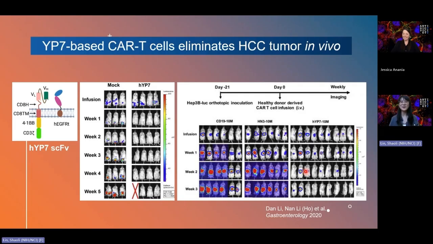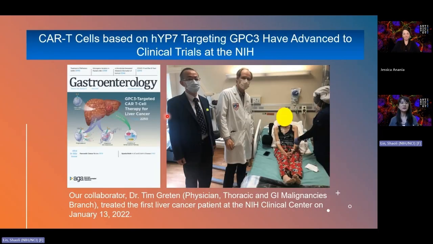So based on this result, we published this finding in Gastroenterology, and then further moved it forward to the clinical trial at the NIH. And in this image, this is my supervisor, the developer of the HYP7-based CAR T cells.